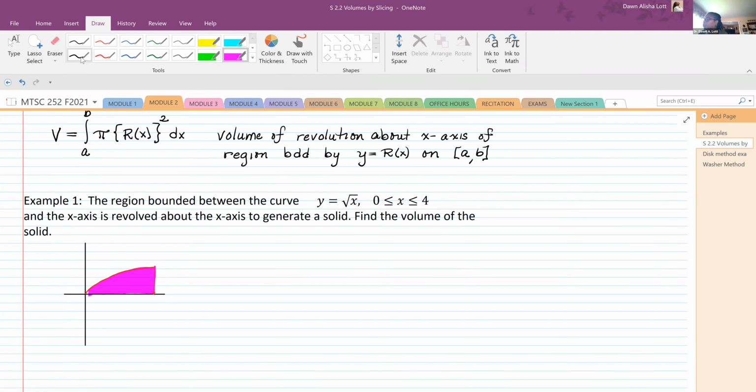So now, again, I'm going to find an x in between, find its y value, and then draw my disk. Now that I have my disk, I can see that it makes a circle.